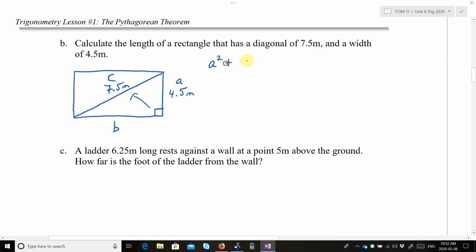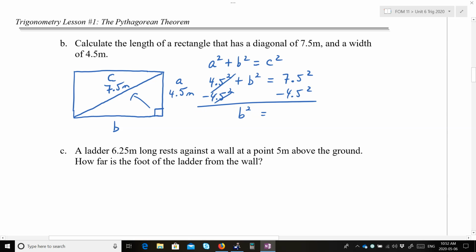Okay, so I'm going to go A squared plus B squared equals C squared. 4.5 squared plus B squared equals 7.5 squared. So I'm going to have to subtract 4.5 squared from both sides.